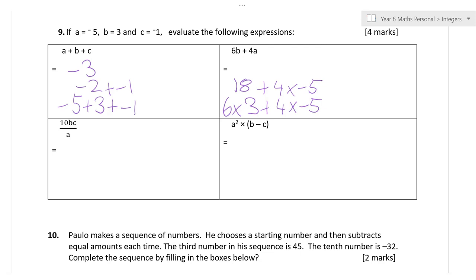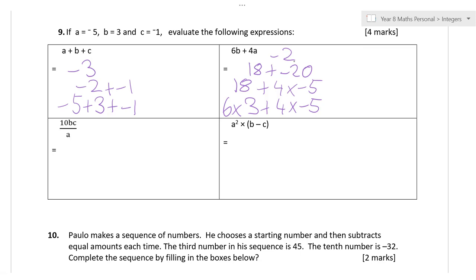So 4 times 5 is 20, and because there's a positive and a negative, it equals a negative. So it's -20. Then 18 plus -20 is -2. Well done. That's fantastic. Excellent.